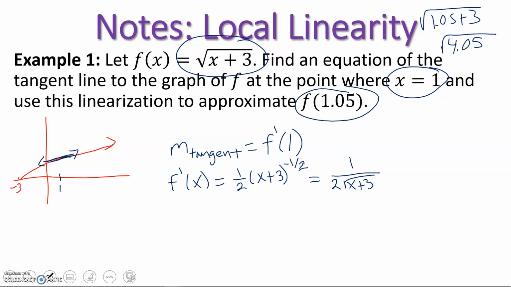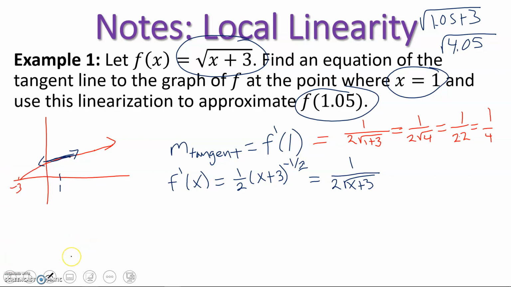And then we would like to find this at 1. So that is 1 over 2 square root of 1 plus 3. 1 plus 3 is 4. So this is 1 over 2 root 4. Root 4 is 2. So this is 1 over 2 times 2, or 1/4. So the slope of our tangent line is 1/4.